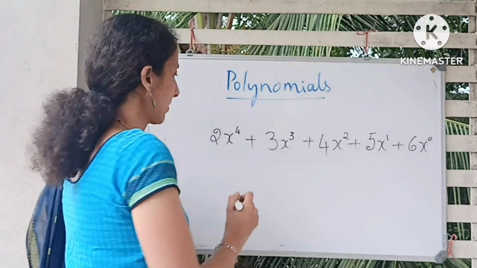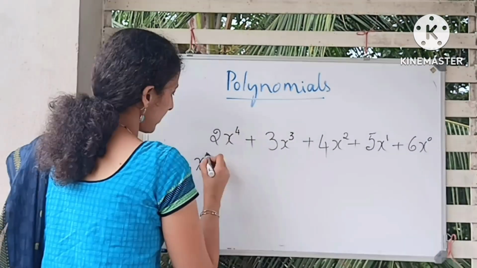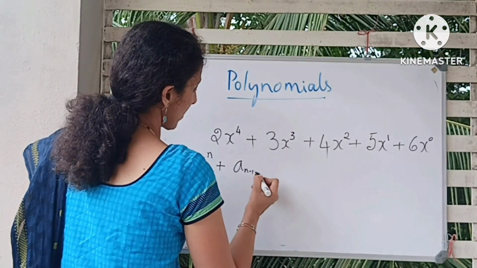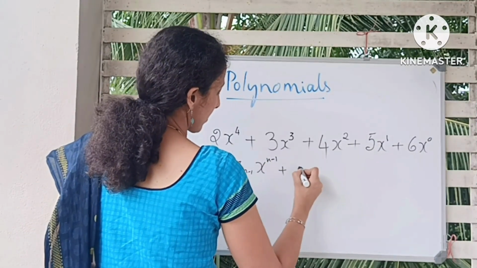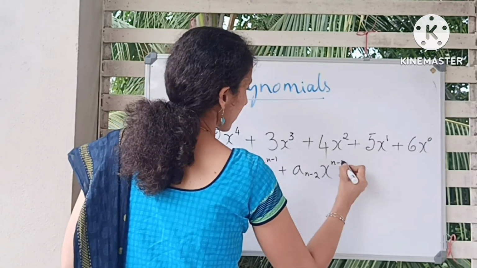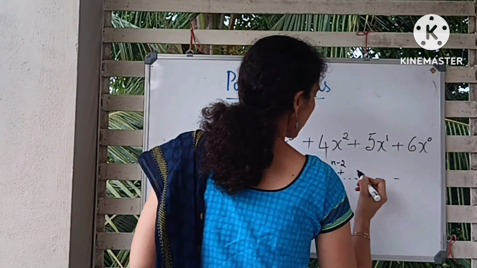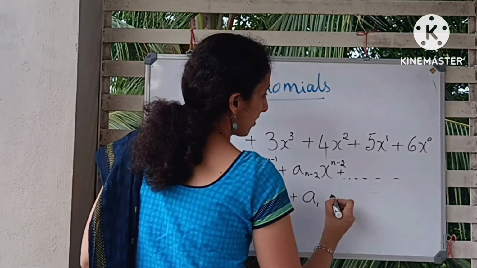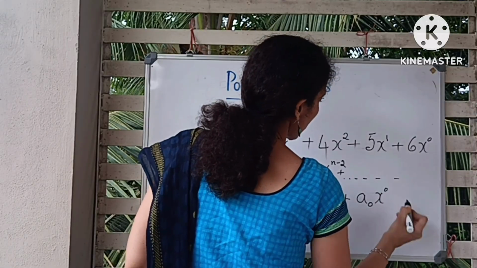Now let's generalize this. The constants may be written as a n x power n, plus a n minus 1, where x is raised to the power 1 less than this, plus a n minus 2 multiplied by x raised to the power 1 less than this, and it goes on like this till a1 with x raised to the power 1, plus a0 with x raised to the power 0.